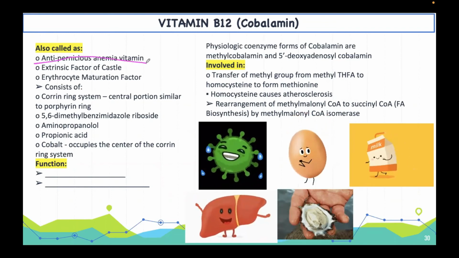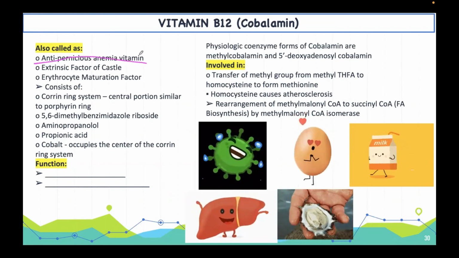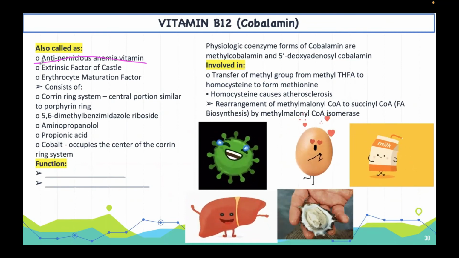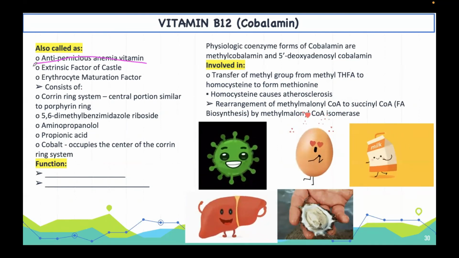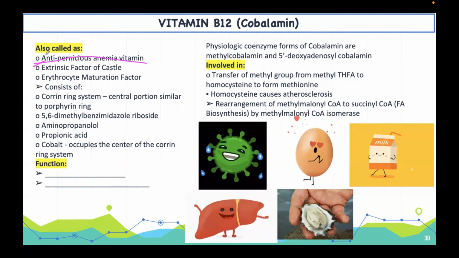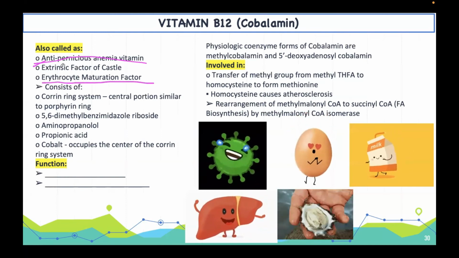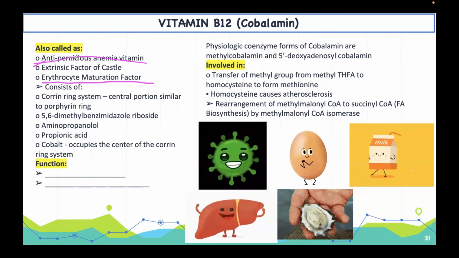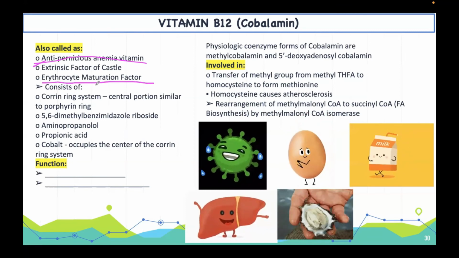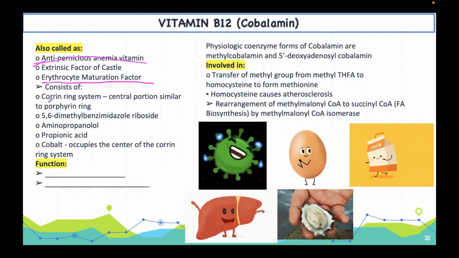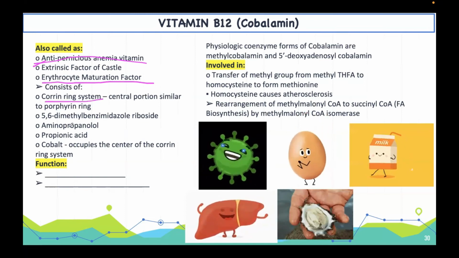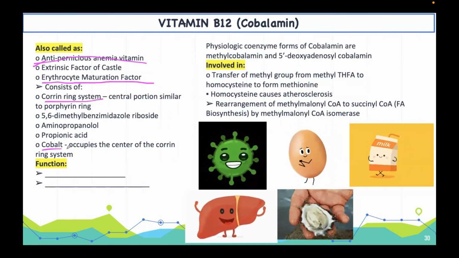Pakitandaan po, it is what we call your anti-pernicious anemia vitamin. It is involved in the extrinsic factor of Castle and also called as your erythrocyte maturation factor. So, meron tayong tatlong terms that are also known for your vitamin B12. Okay, usually it consists of a corrin ring system and others. And then it contains a cobalt.